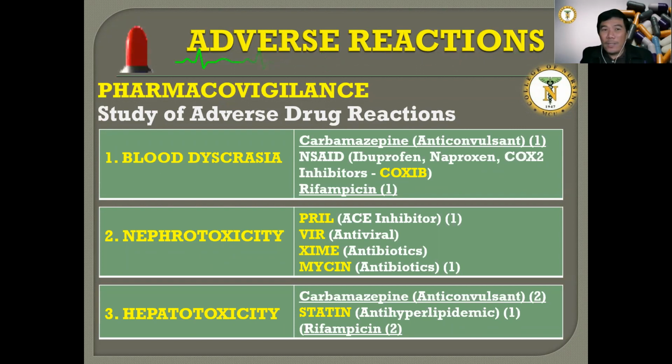So let us start first with what we call blood dyscrasia. As I had mentioned, when we talk about blood dyscrasias, these are reactions that basically affect the blood. It could possibly affect the platelets, the red blood cells, the viscosity, the hemoglobin. So we must just be careful.